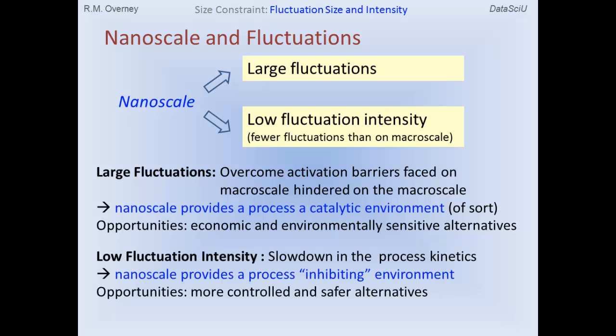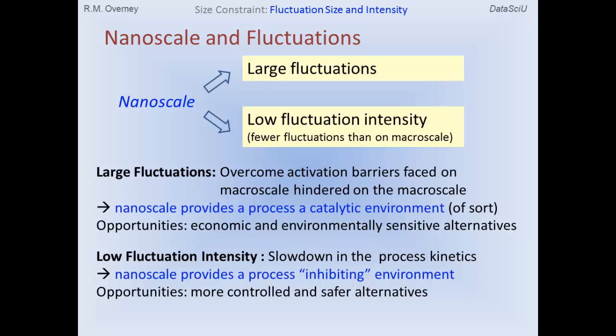Also, with a substantial decrease of the number of molecules on the nanoscale, significantly fewer fluctuations can be expected. With a decreased fluctuation intensity, a slowdown in the process kinetics can be expected. This is desirable, for instance, in shape-sensitive nucleation and growth processes of nanoparticles, or to provide safer reaction conditions for otherwise violently fast processes.